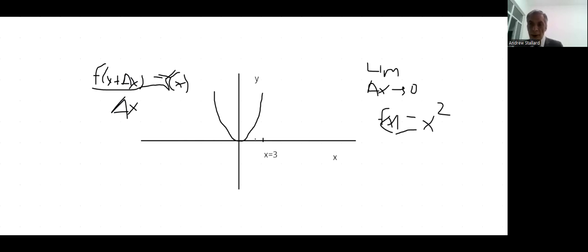Now, I can go up here, so you find this point here. This is where y is.